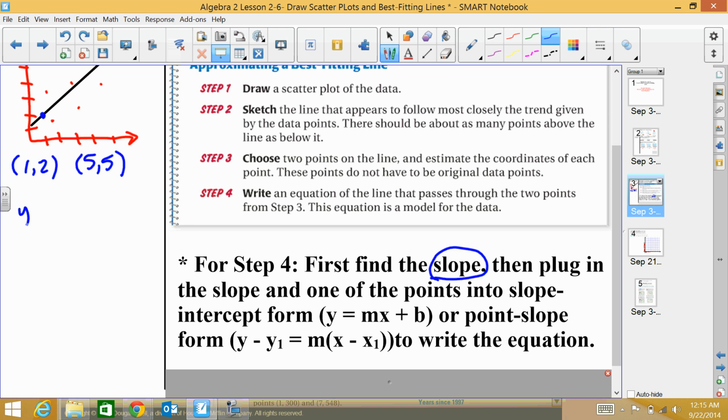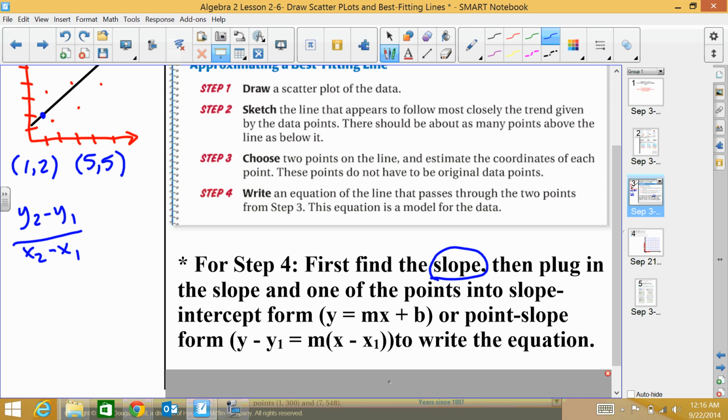So you're going to use the formula y2 minus y1 over x2 minus x1 to help you find the slope of these 2 points. Then you can use either slope-intercept form, which is y equals mx plus b, and write the equation, or you can use point-slope form, this one, and plug in one of these points and your slope to write the equation. So this was just kind of an example of how to do that.